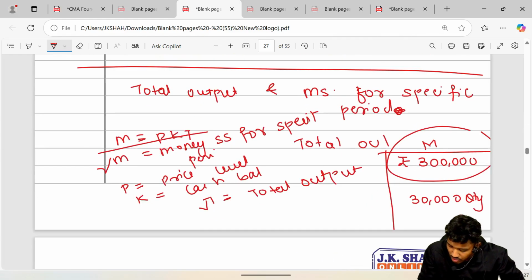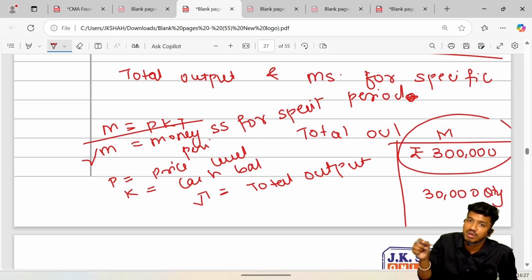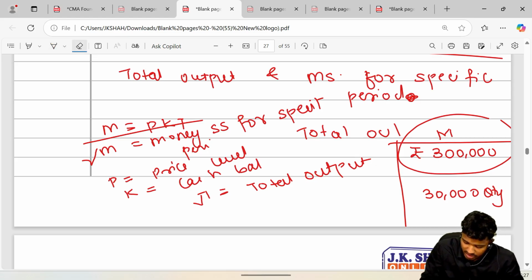But this 30,000 quantity, guys, does not belong to this year only. It has some unsold stock of the previous year. It means, guys, see, I'll bring it on to the next page.